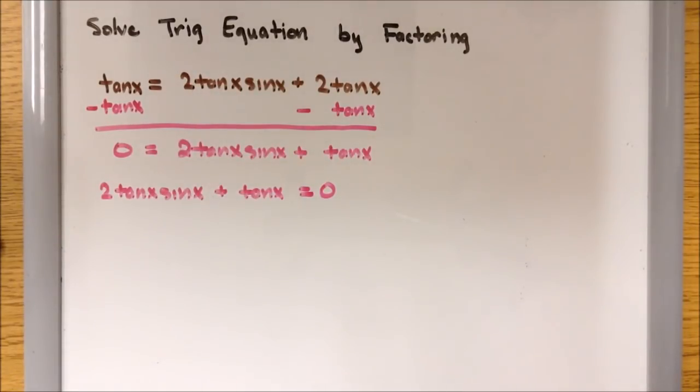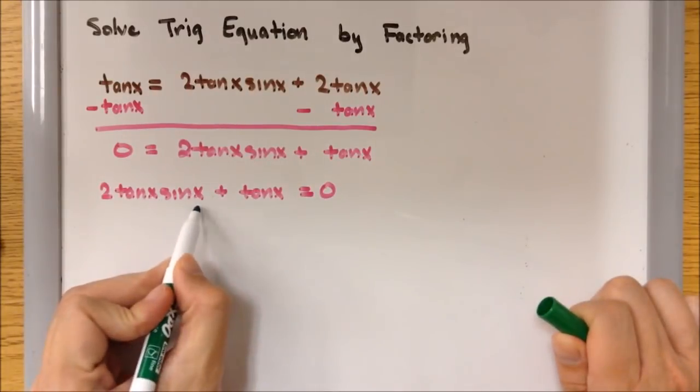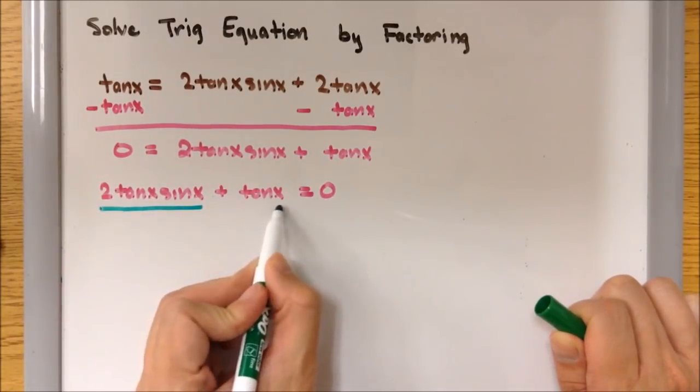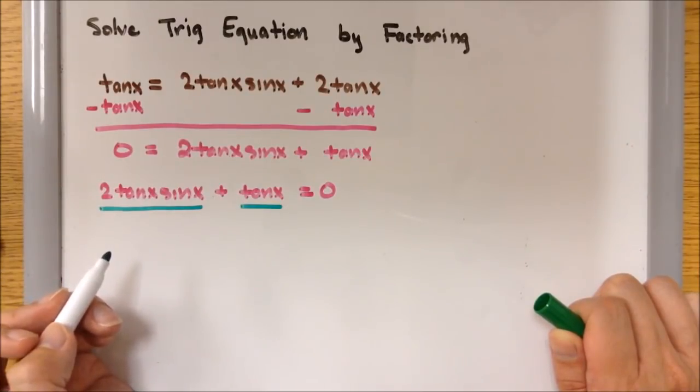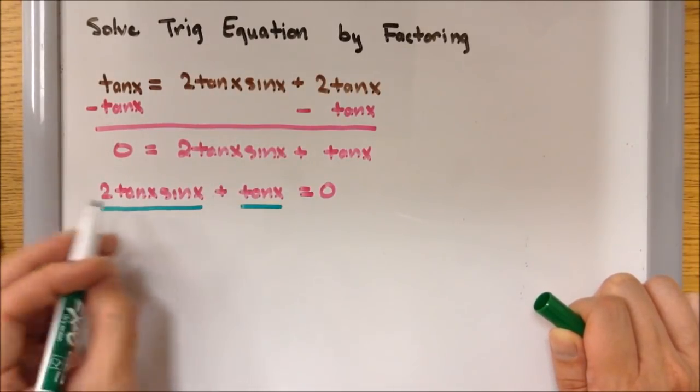Now, this part, I'm going to look at each part of it individually. So I see that there's 2 parts. So that means I'm going to take out a common factor, divide out a common factor, or undistribute a common factor.